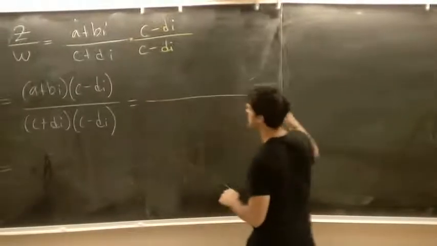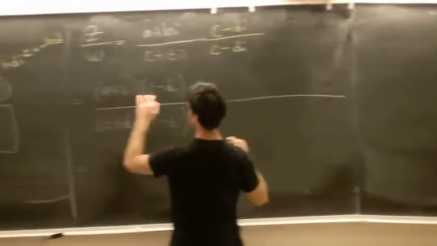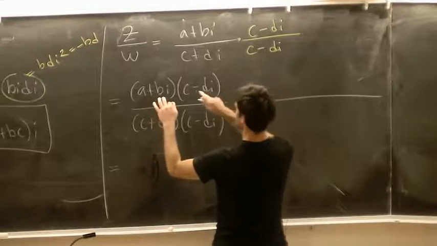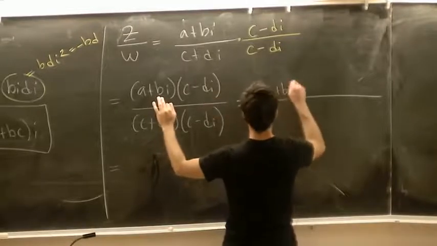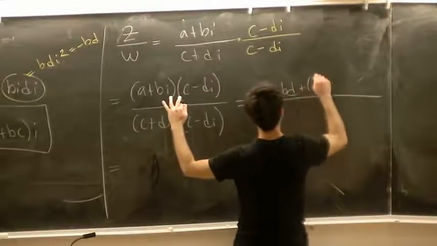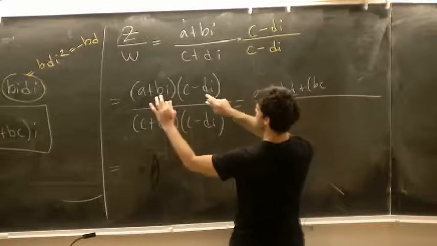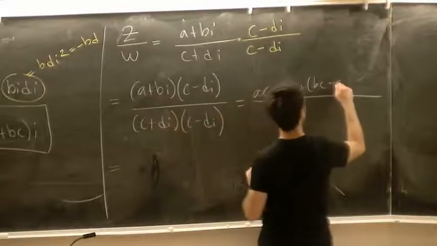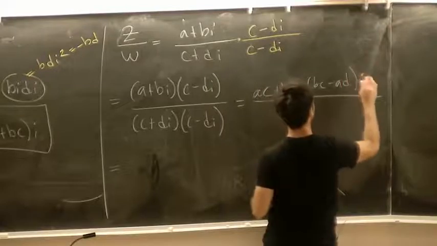So the top here is, well, okay, I can just multiply these guys. That's ac plus bd plus (bc minus ad) times i.